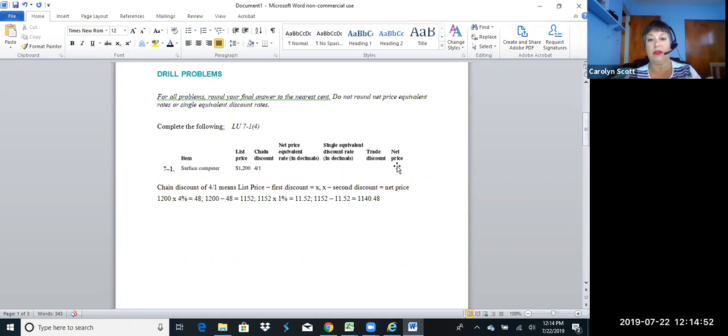So that gave us our net price. But we need to know what our net price is to know what our net price equivalent rate is in decimals. What that means is the net price equivalent rate means how much of list price are we paying? And we figure that pretty easily. Net price equivalent rate equals net price over list price.